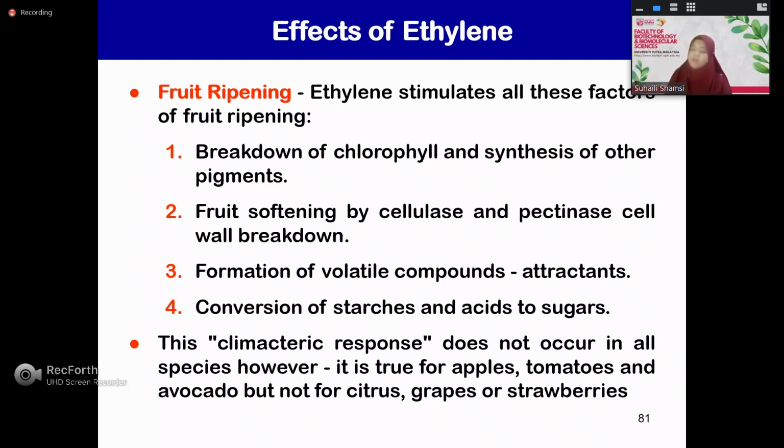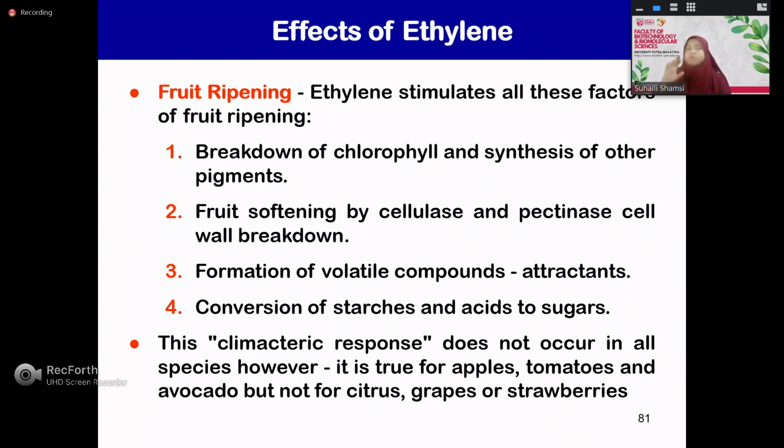So basically, when we have ethylene, it induces fruit ripening, and it does so through these processes here. The first one is breakdown of chlorophyll. Chlorophyll will be broken down, and plants would then focus on synthesizing accessory pigments that are needed to give colors to the fruits.